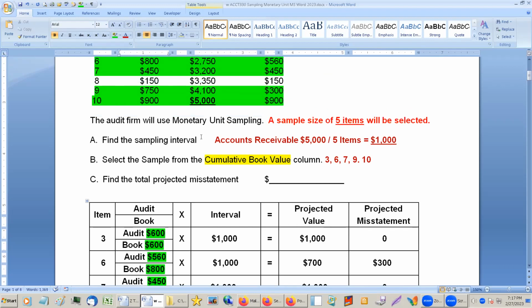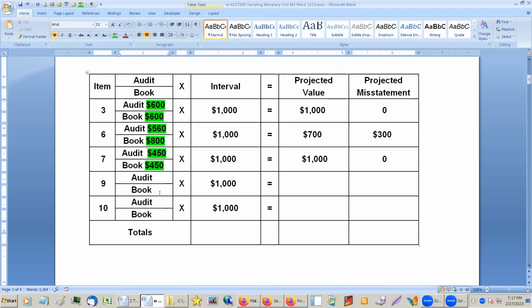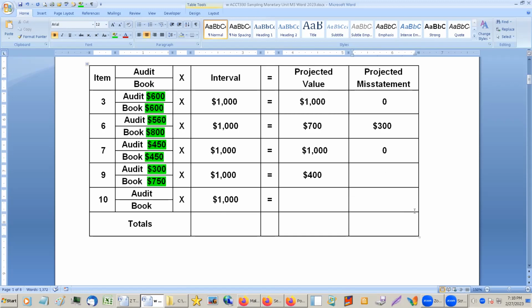Okay, number 9. 300 over 750 gives 400. And so the projected misstatement is what for number 9? 600.